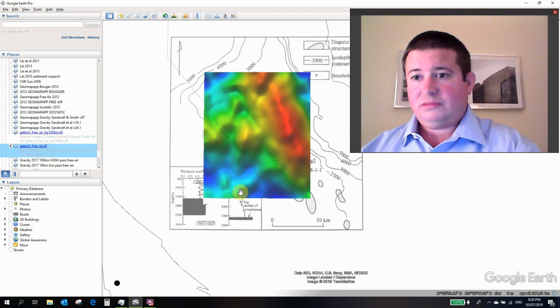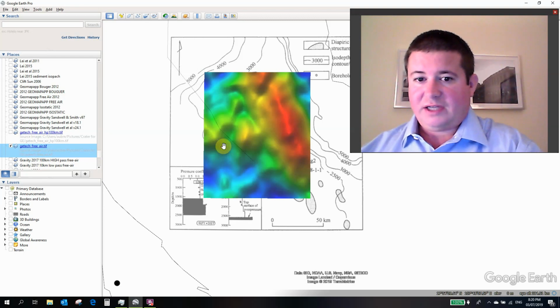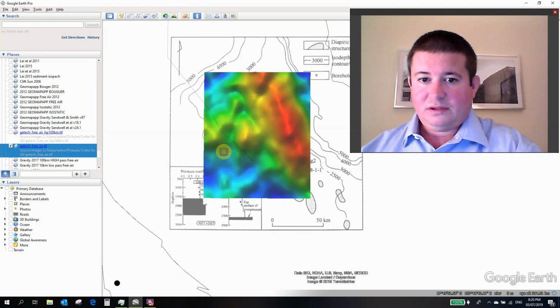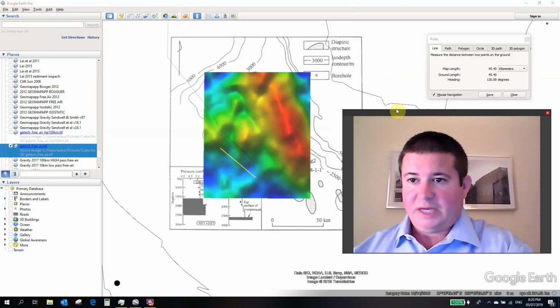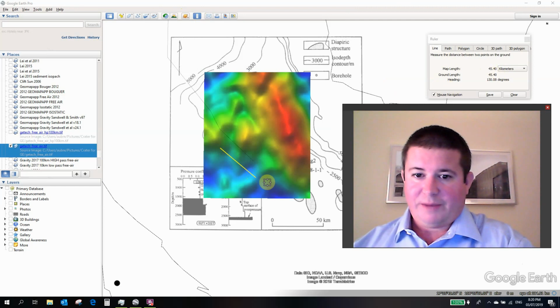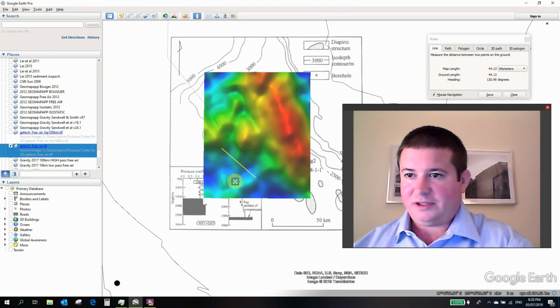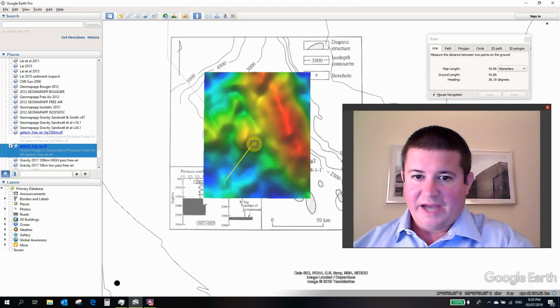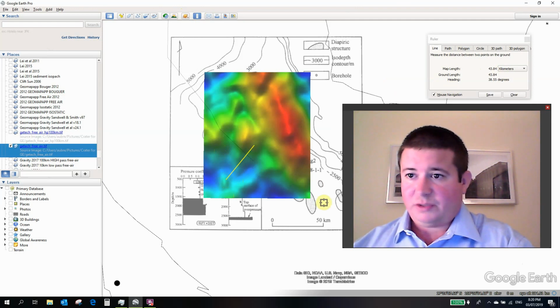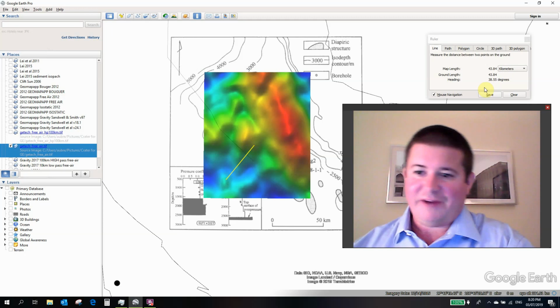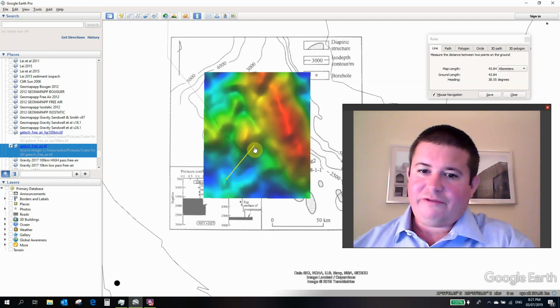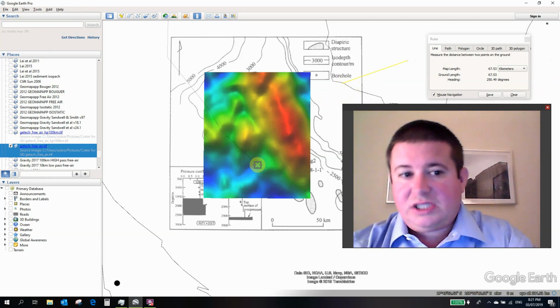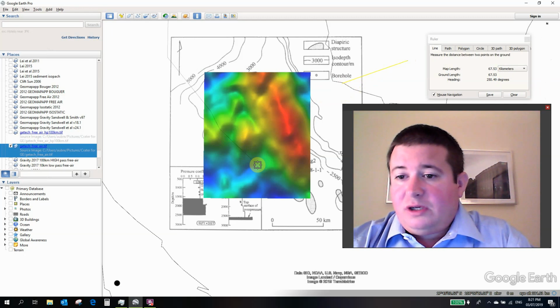Interestingly, again, multiple lines of evidence. If I take the measurements of what I think is a ring, I estimated 45 kilometres, but when I measure it accurately, I came up with about 43 kilometres. So we're ending up with a very circular feature of around the 40 kilometre mark, which is the best estimate of the size of the source crater.